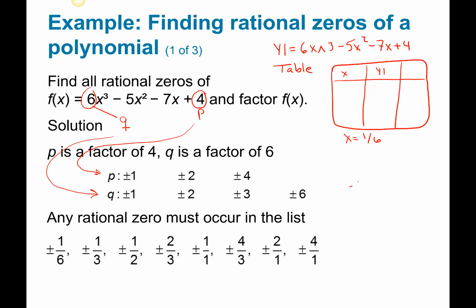You can put in any value you want there, and it'll compute it, assign it to x, and then come back with what the x value is, or what the y value is. This makes it really fast to cruise through these. Really fast. So you could plug in x equals 1/6. You could do negative 1/6.